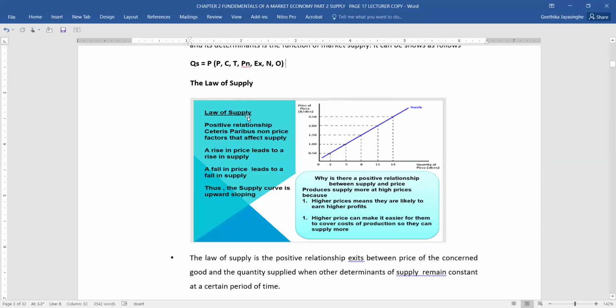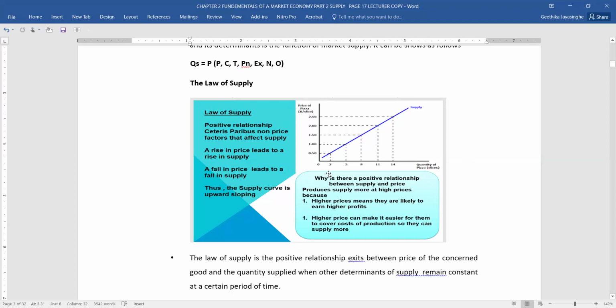Shall I take down this? I want you to draw the graph only. The same thing is explained in your note. Just draw the graph. There's no need for a scale now.